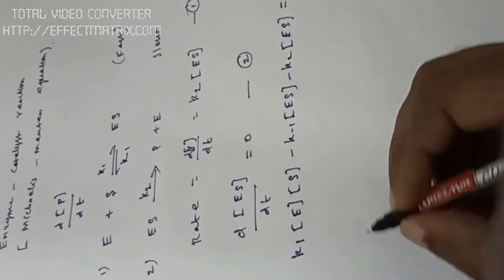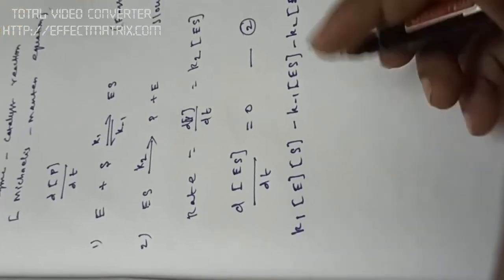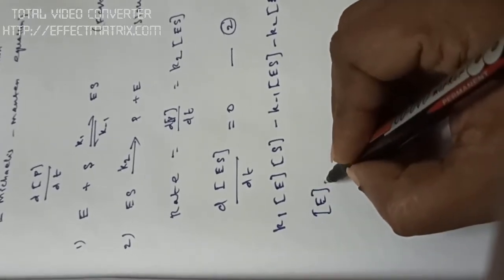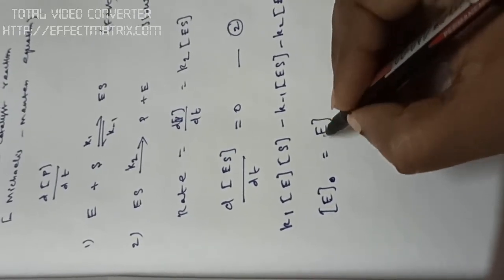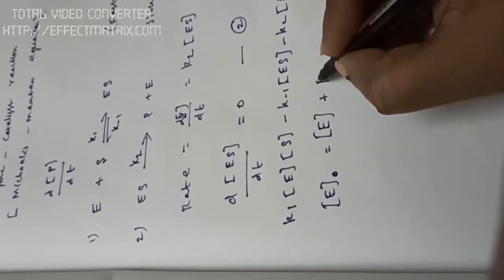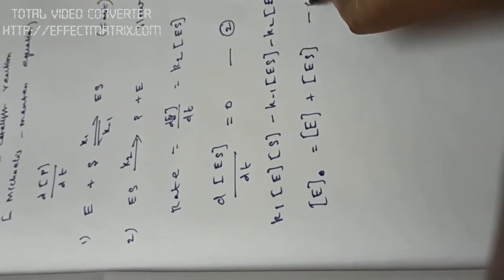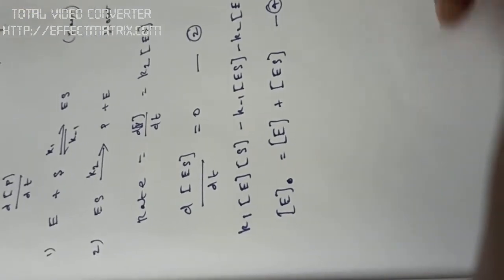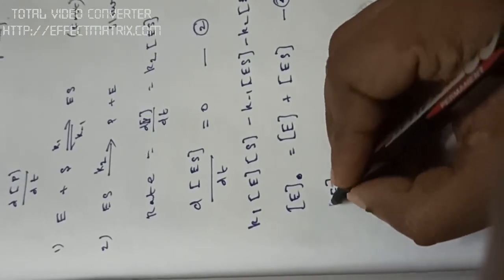Here the concentration of free enzyme can be derived by the following expression. The total enzyme concentration E0 is equivalent to the summation of free enzyme plus enzyme substrate complex. Equation 4. We can get the free enzyme concentration.